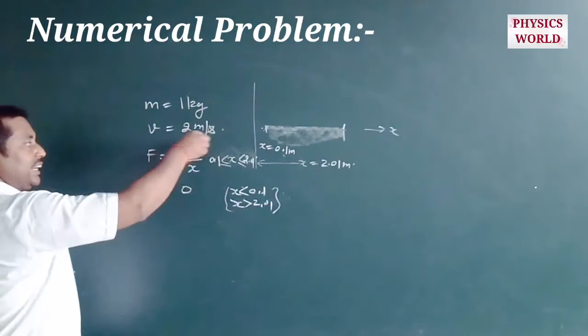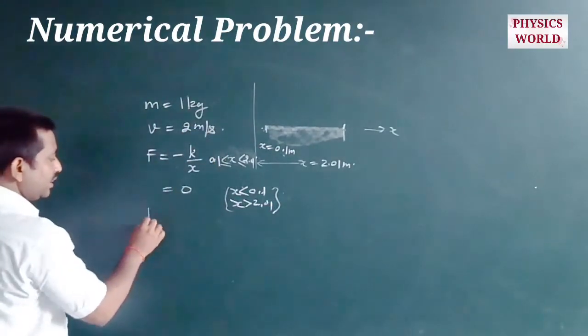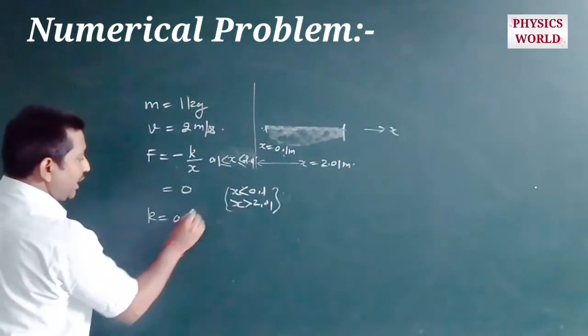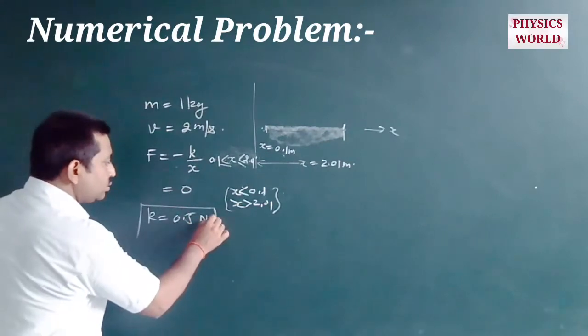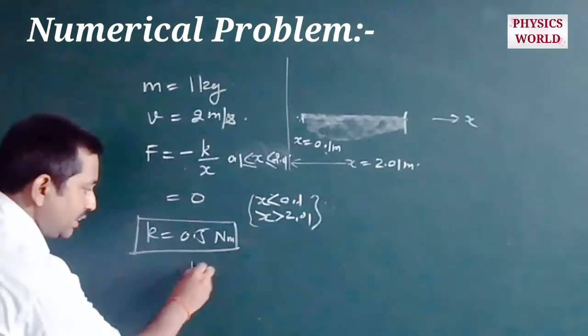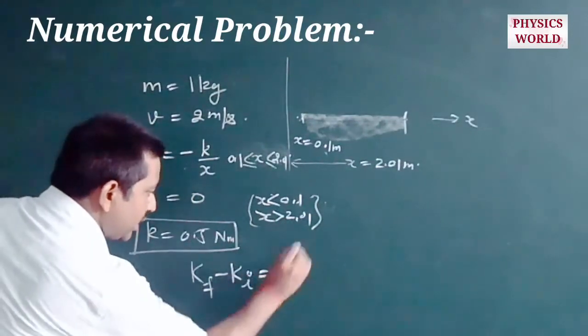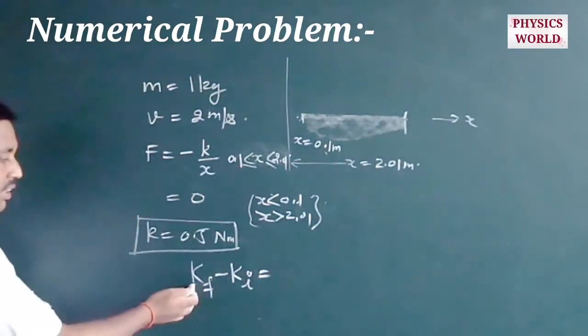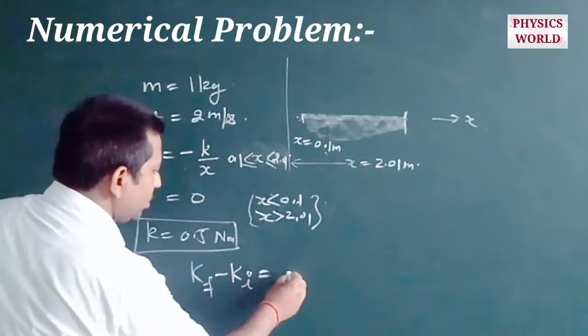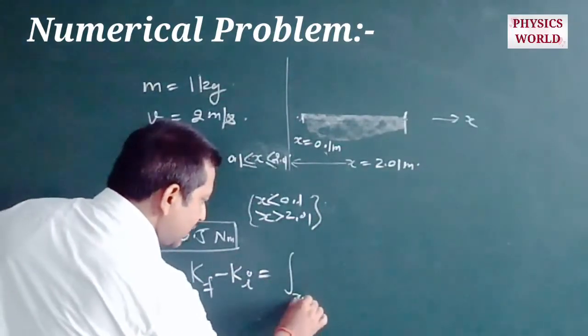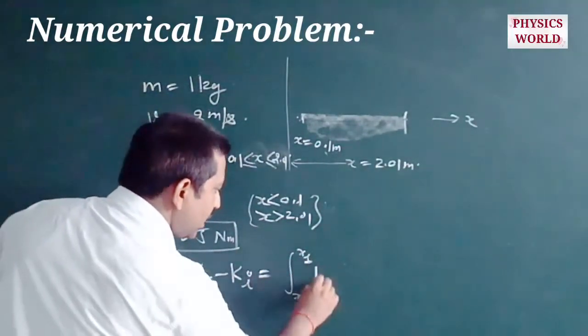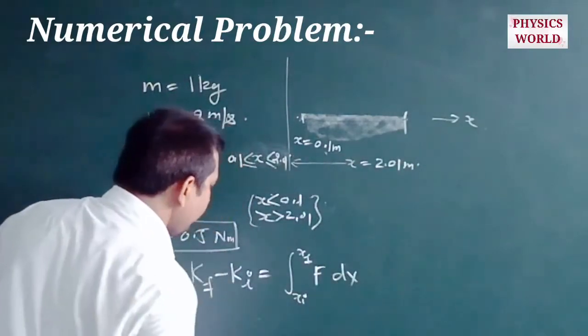So let us calculate. If the constant k is taken as 0.5 newton meter, then from the work energy theorem we obtain Kf minus Ki is equal to the integral from xi to xf of F dot dx.